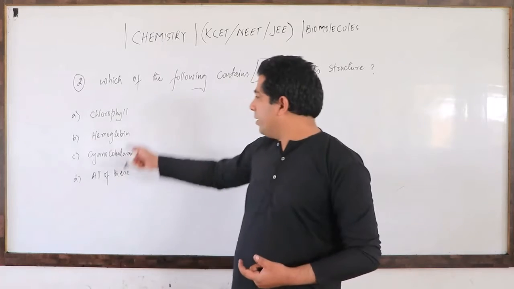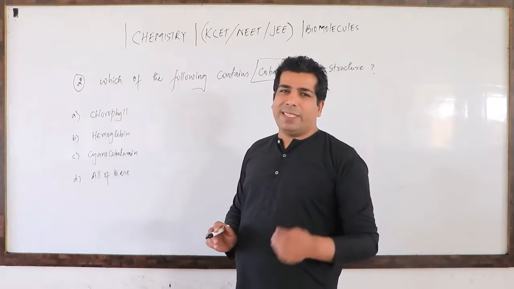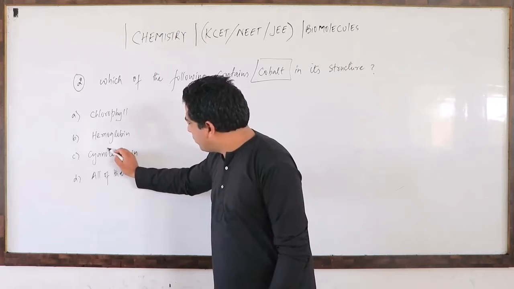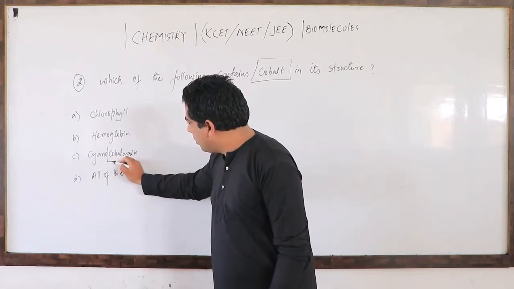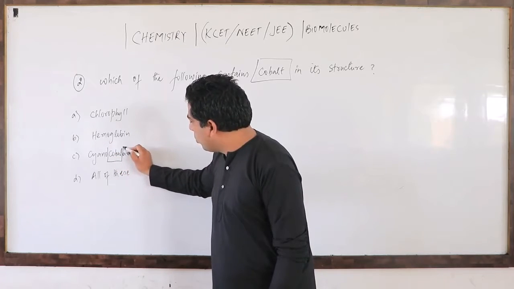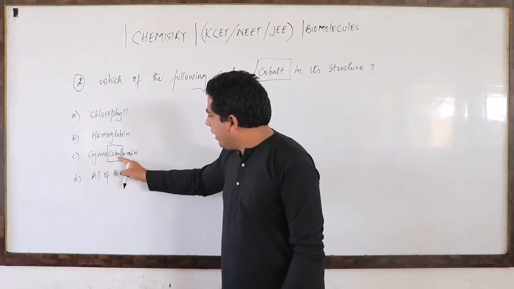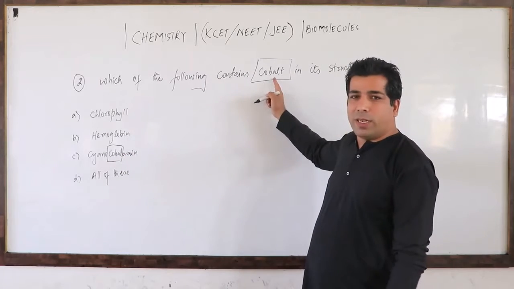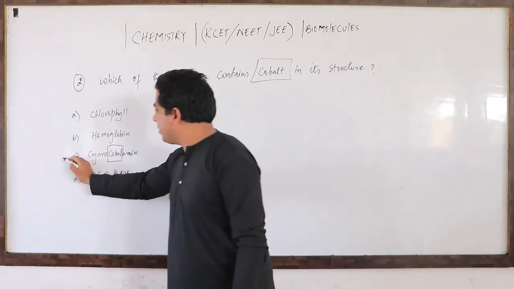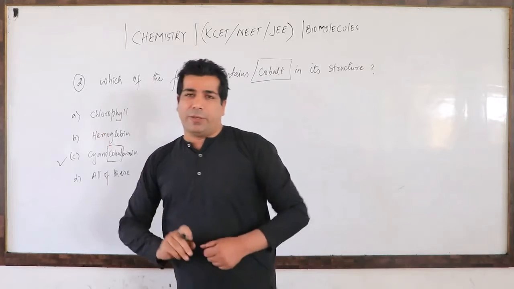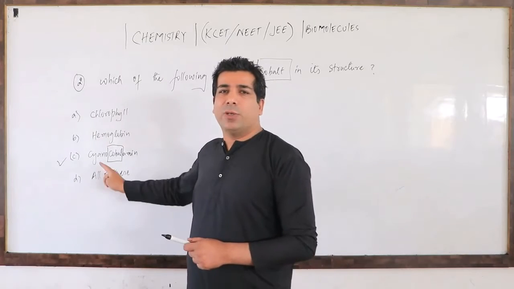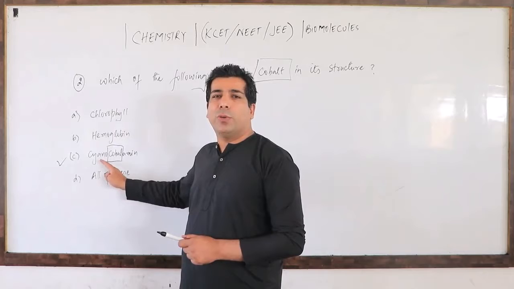If you look at them, it's a very easy thing. If you look at this particular terminology, there's a term called cobalt. It's related to cobalt. So you can easily answer that option C is the answer right out here. Because in cyanocobalamine there is cobalt, C-O-B-L, cobalt.